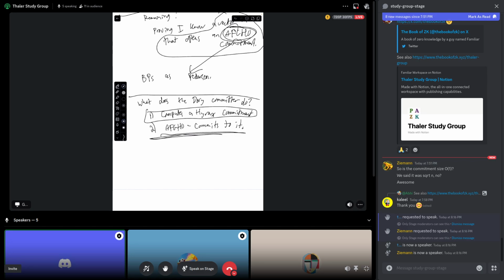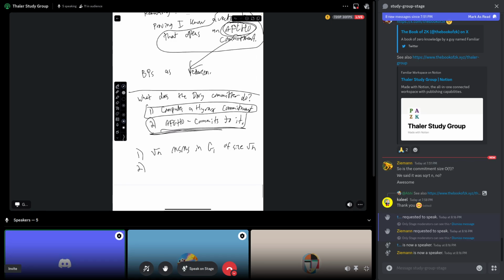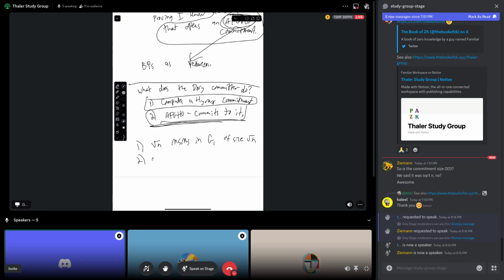To unpack at a slightly lower level what is happening inside 1 and 2: 1 is just root n MSMs all in G1, each of size root n. And what's happening in 2 is a multi-pairing of size root n.